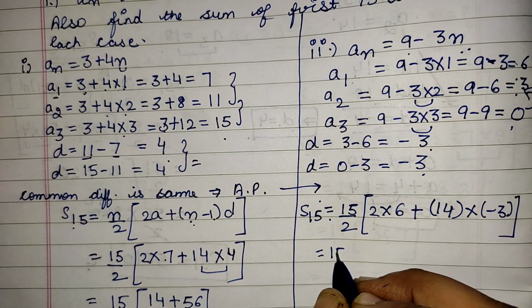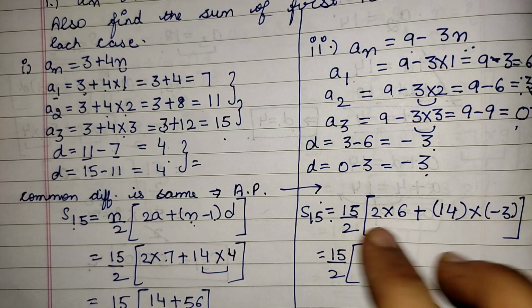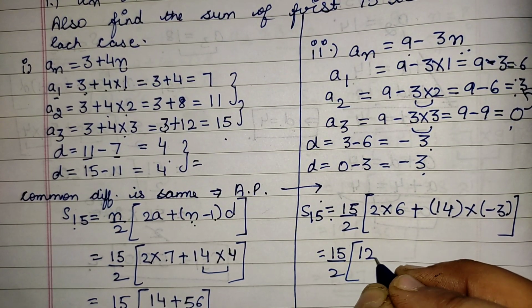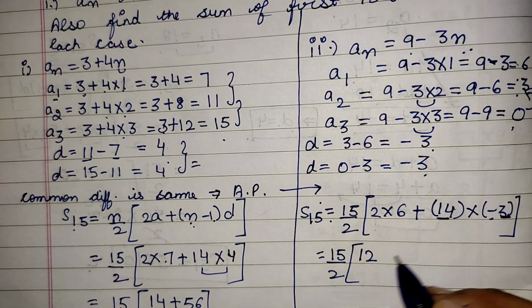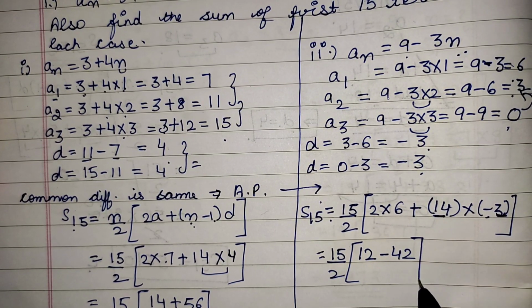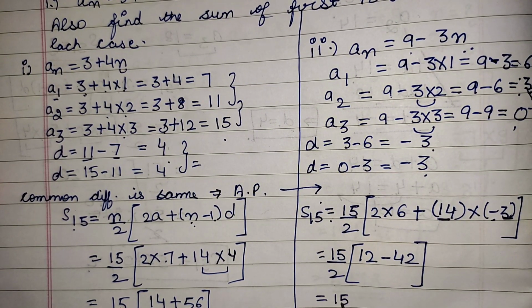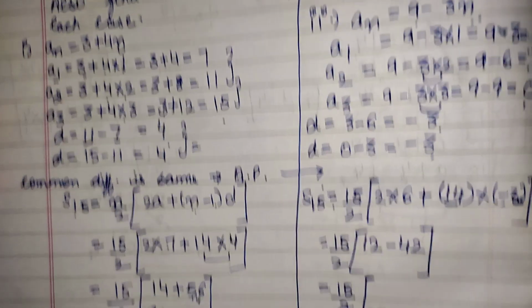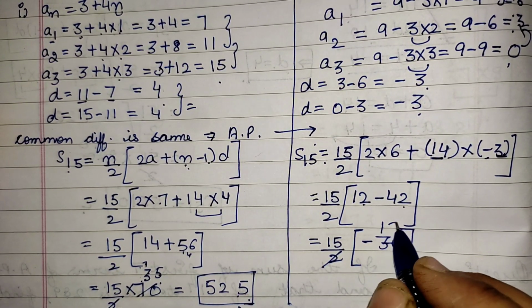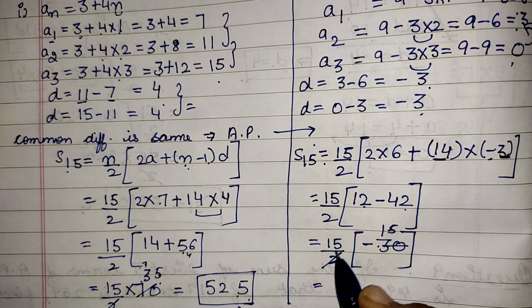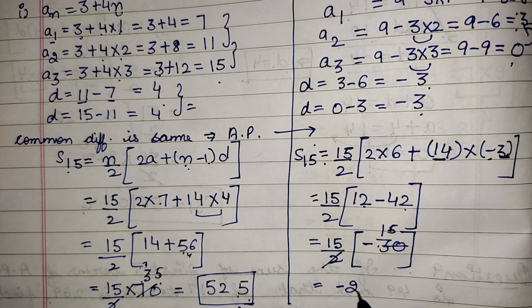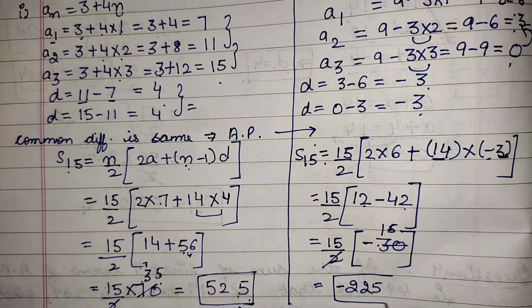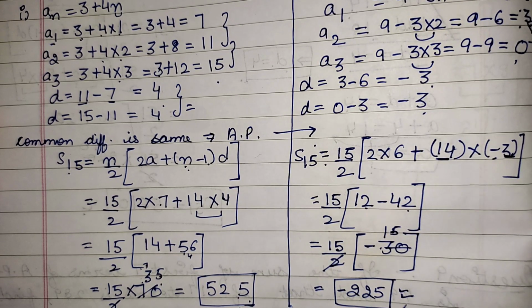So I will get my answer as 15 by 2 into 2 into 6, which is 12, and 14 into 3 will be minus 42. So my answer will be 15 by 2 into minus 30. So this will get cancelled out and I will be left with 15 into 15, which is equal to minus 225. Okay.